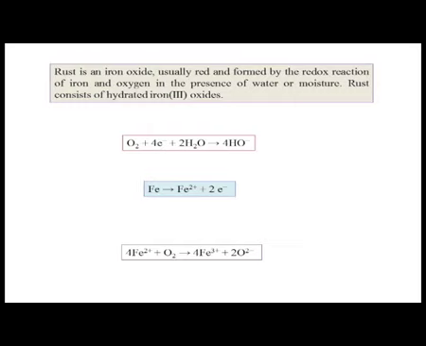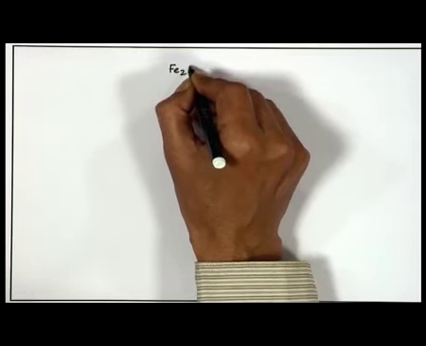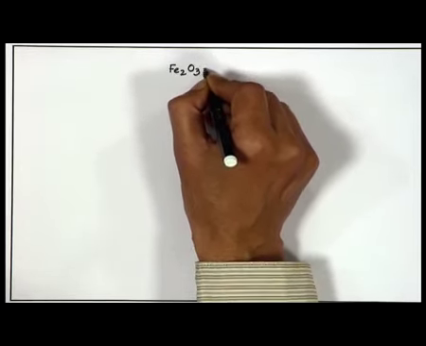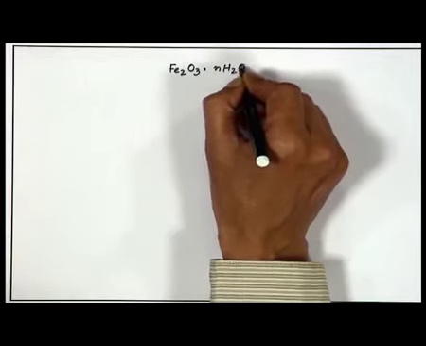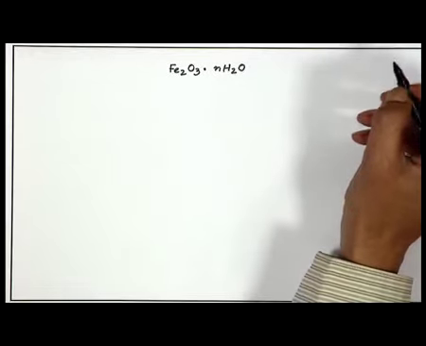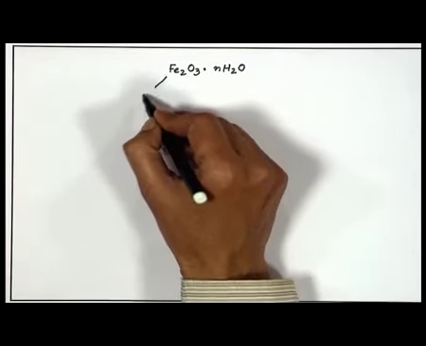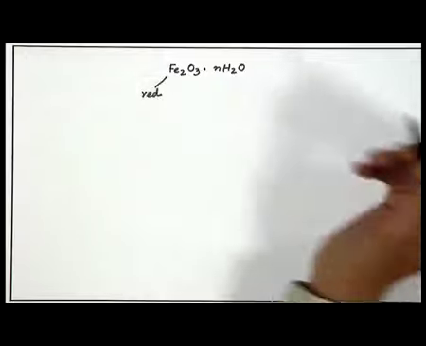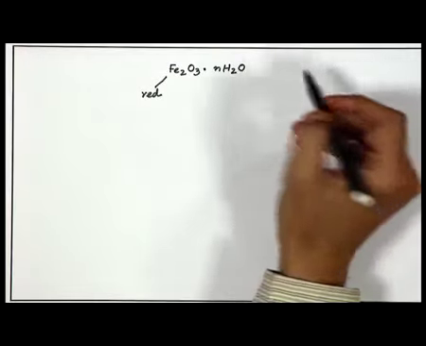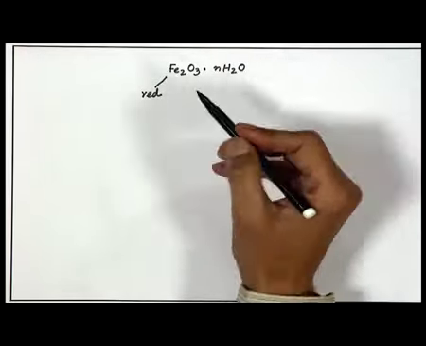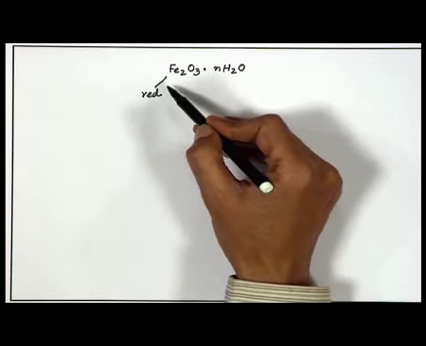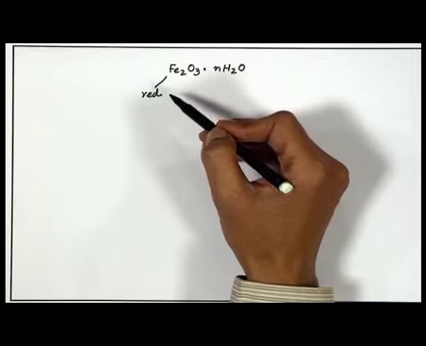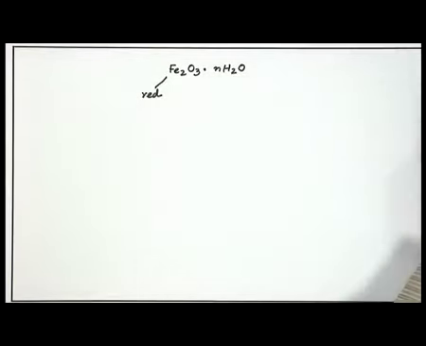Just now what I told you, Fe2O3, and if it is hydrated, some number of water molecules will be attached to it, and this will be red in color. The formation, starting from iron and atmospheric oxygen, tells us that we can have the oxidation as well as the reduction process.